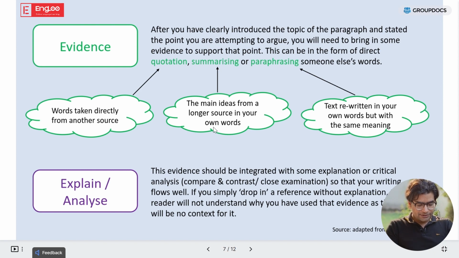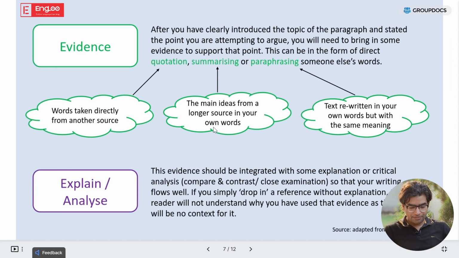Lastly, as you can see and read in the definition given on your screen, explain or analysis. What does it mean? It refers to the concept that this evidence should be integrated with some explanation or critical analysis, which is about comparing, contrasting, or close examination, so that your writing flows well.